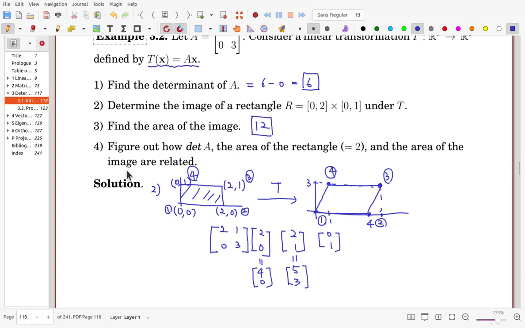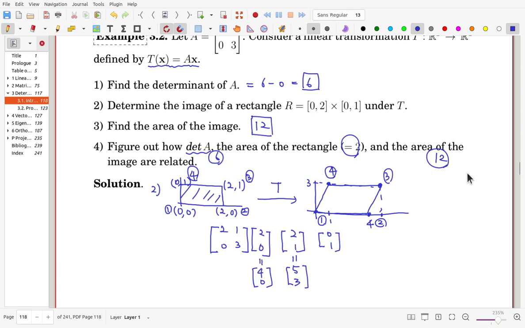Now, figure out how the determinant of A, which we already know is 6, right? And the area of the rectangle, that is 2, and the area of the image are related. That is now 12, right? The determinant is 6, the area of the original rectangle is 2, and the area of the image under the transformation is 12.